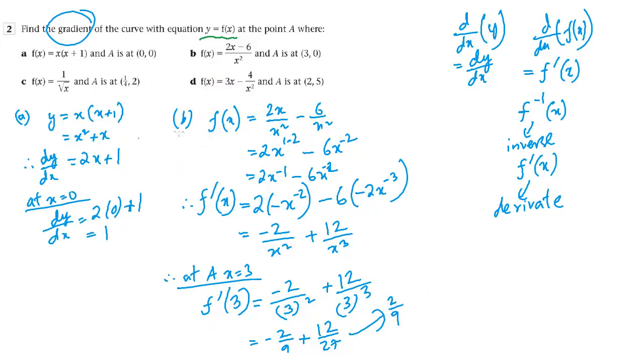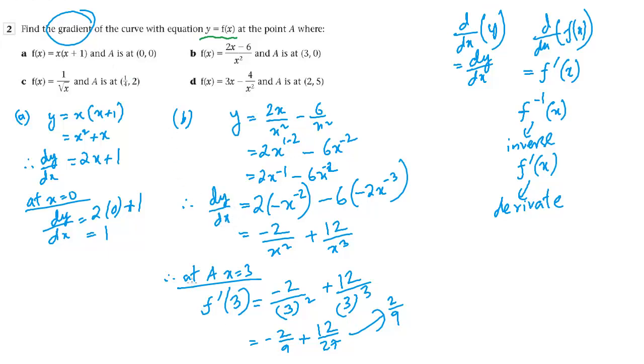So this is the same way of doing the sum. Now if I did the sum by writing dy by dx instead of f(x), let me now remove this. Instead of f(x), I would be writing y. Instead of f prime x, I would be writing dy by dx.